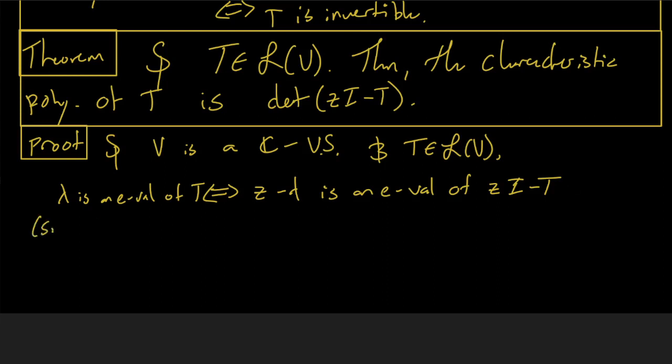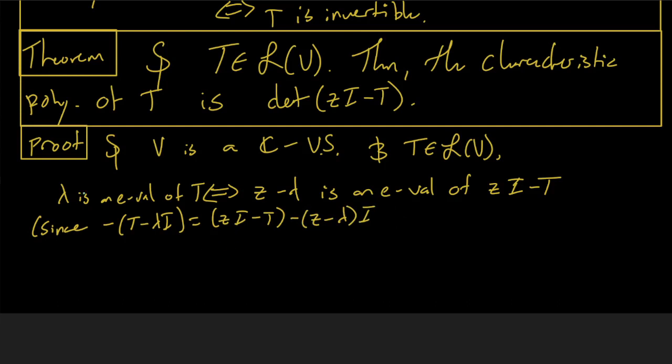I would say that this follows, if you don't believe it, from the following. It says that T minus lambda I is equal to, well, the following: zI minus T minus (z minus lambda)I. Do you agree with this?